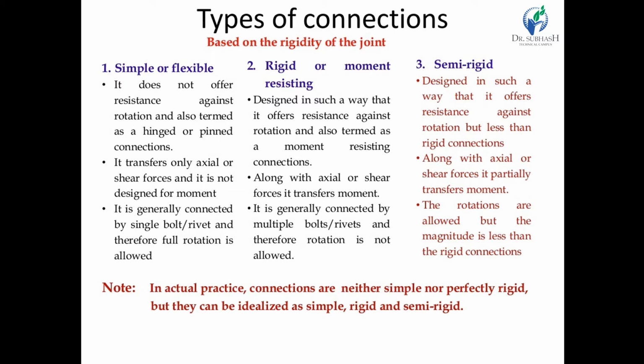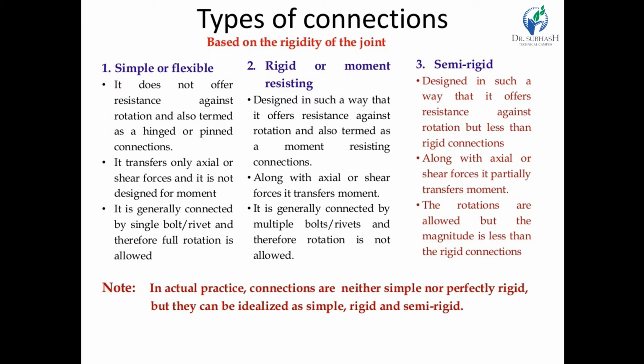It transfers only axial or shear force and is not designed for moment. It cannot resist moment. It is generally connected by a single bolt or rivet, and therefore full rotation is allowed. So these are the descriptions of simple or flexible connection.